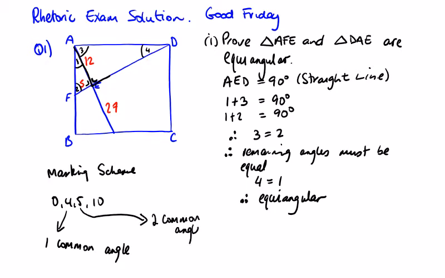Now, if you identified 2 and couldn't say the third was the same, well then, God forbid. So obviously the 10 marks is fully correct. You don't need me to write that down. So 1 common angle 4, even getting the right angle was worth 4 out of 10. 2 common angles 5, and then obviously 3 common angles 10. So mark yourself on this question.